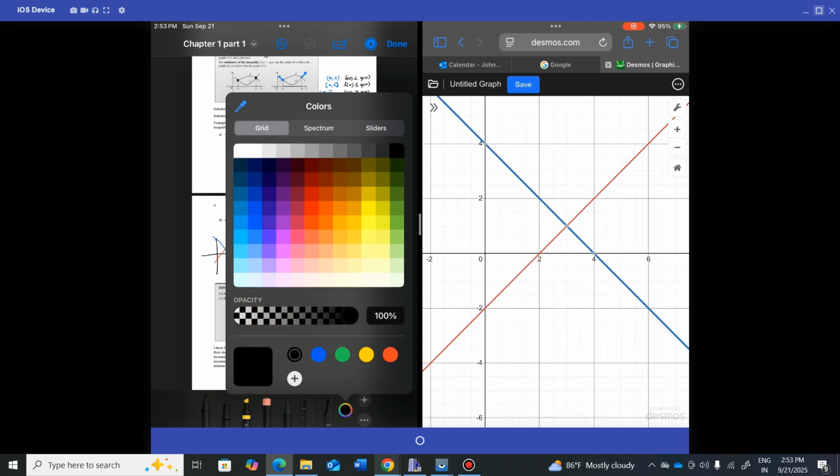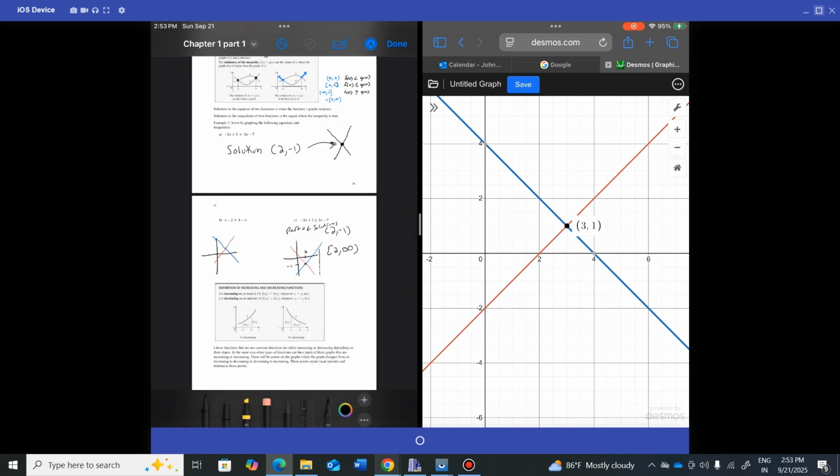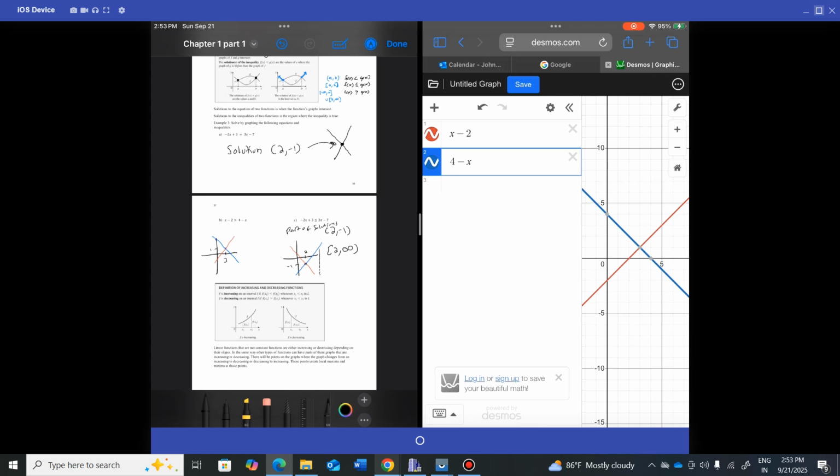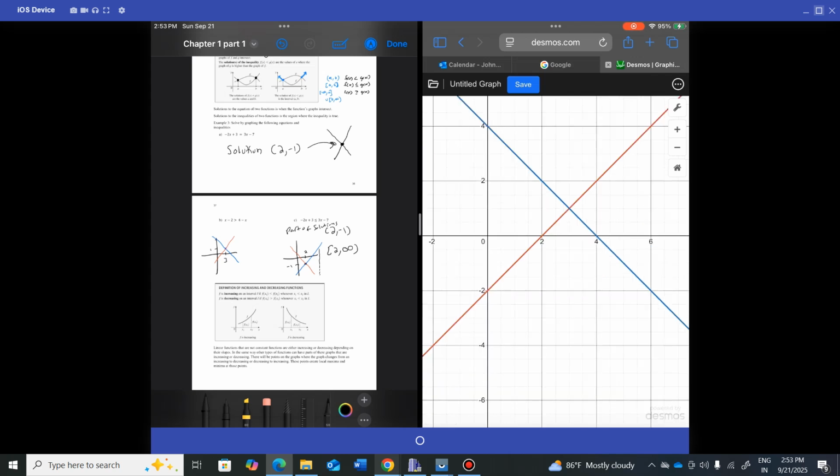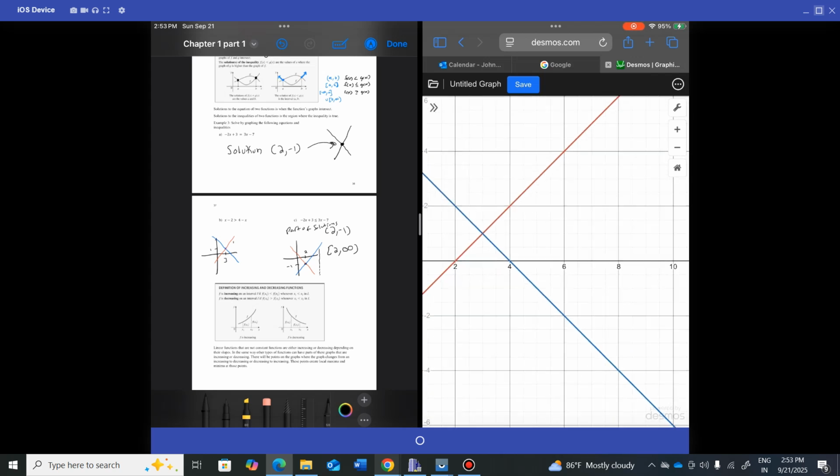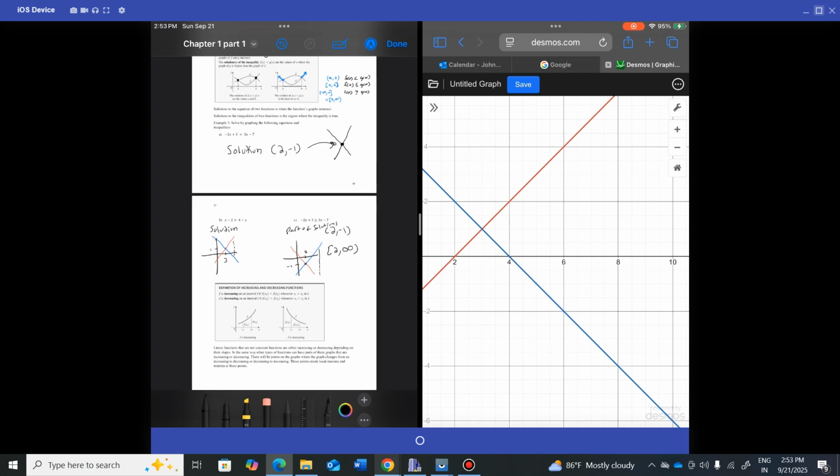That point is 3, 1. Now we want to know when x minus 2 is greater than 4 minus x. So x minus 2 is red. So red is greater than on this side, and so we will say the solution is when x is greater than 3, and it's not going to include 3. So 3 to infinity.